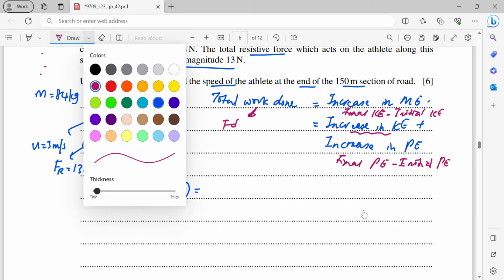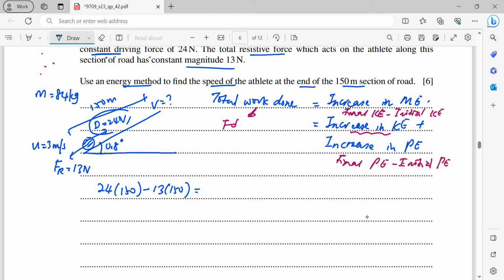The final KE is when the athlete reaches the top. So here it will be half m v squared, where m is 84 and V is not given. Then minus half the initial KE. The initial velocity is 3, so half times 84 times 3 squared. That is the increase in KE, plus the increase in PE.